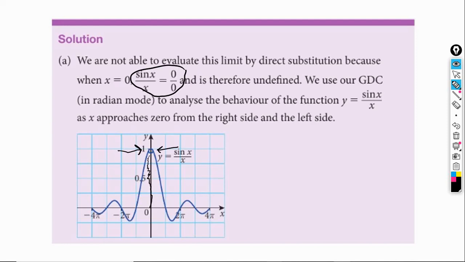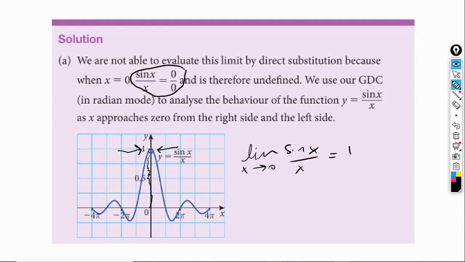Therefore, we can say then that the limit of sine of x over x as x approaches 0 is equal to 1.